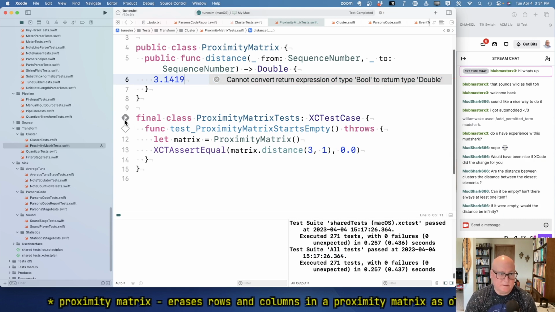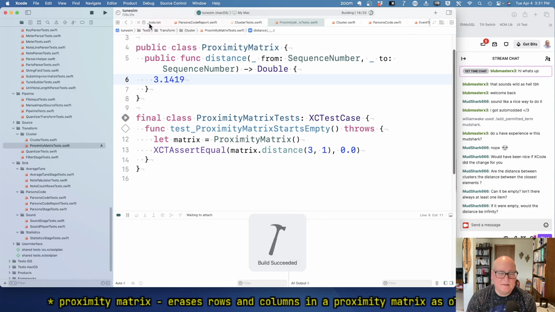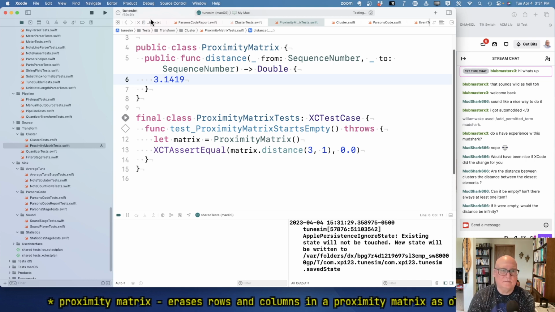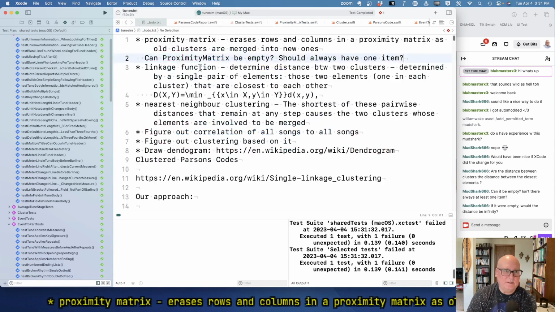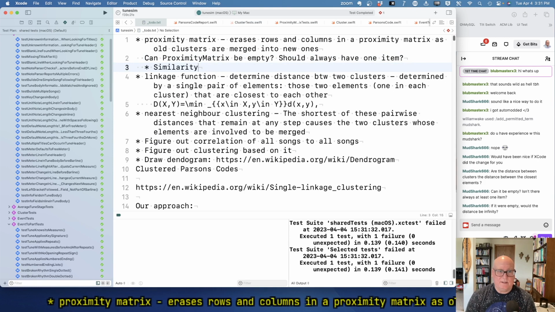Okay, let's see if we got a failing test at least. Okay, we do. Let me keep track of this issue too. Similarity: can we use distance instead of similarity from Parsons code?